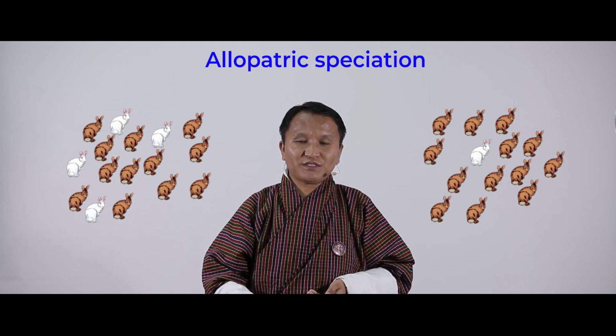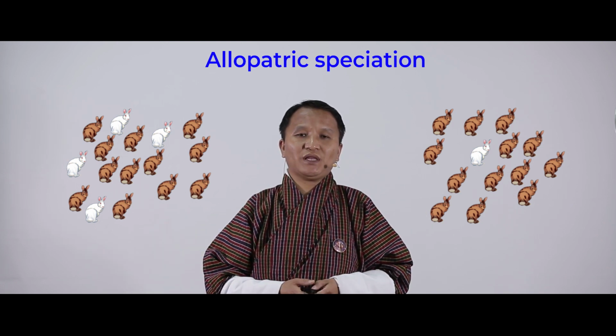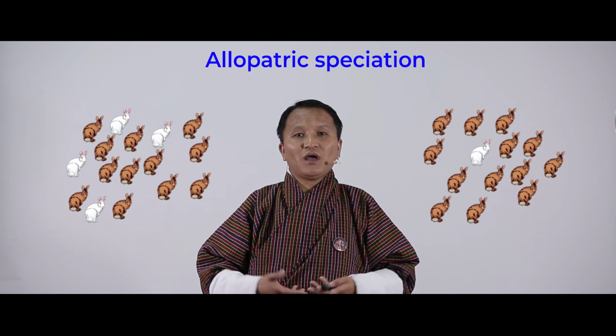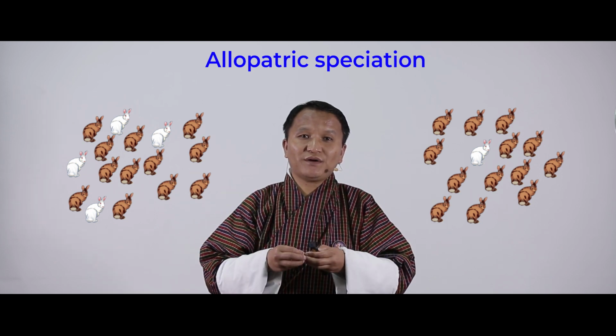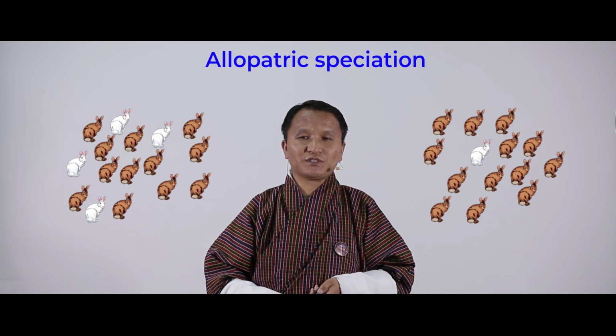But over the years, after many generations, these two populations will develop a new set of genes. And after many generations, if these two populations happen to be together, they will not be able to interbreed, meaning that they have now become a new species.